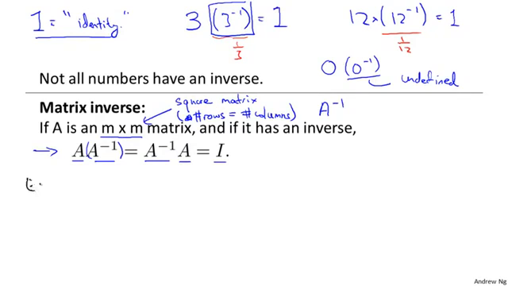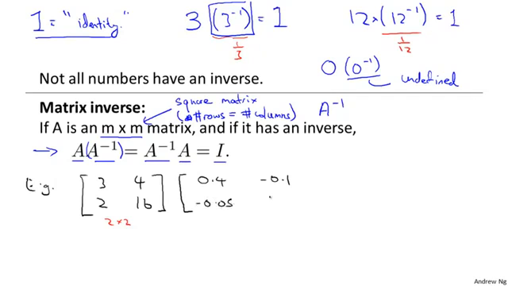Let's say I have the matrix 3, 4, 2, 16. This is a 2 by 2 matrix, so it's a square matrix, and so this matrix could have an inverse. And it turns out that I happen to know the inverse of this matrix is 0.4, minus 0.1, minus 0.05, 0.075.